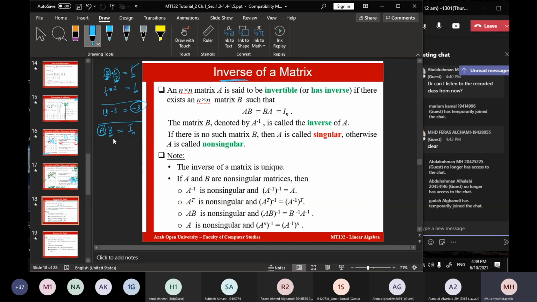And here as well, when we are talking about the inverse of matrices, we will find an inverse only for a square matrix. What is a square matrix? A matrix where the number of rows equals the number of columns.